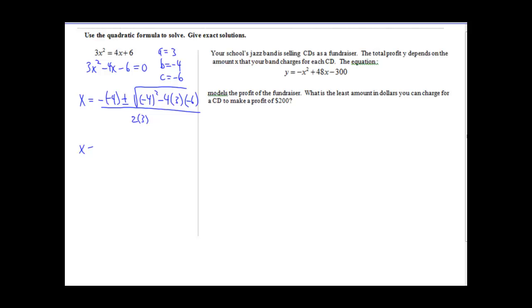Simplifying, we're going to get x equals 4 plus or minus the square root of 16. Two negatives make a positive, so we have 12 times 6, which is 72. So plus 72, all over 6.